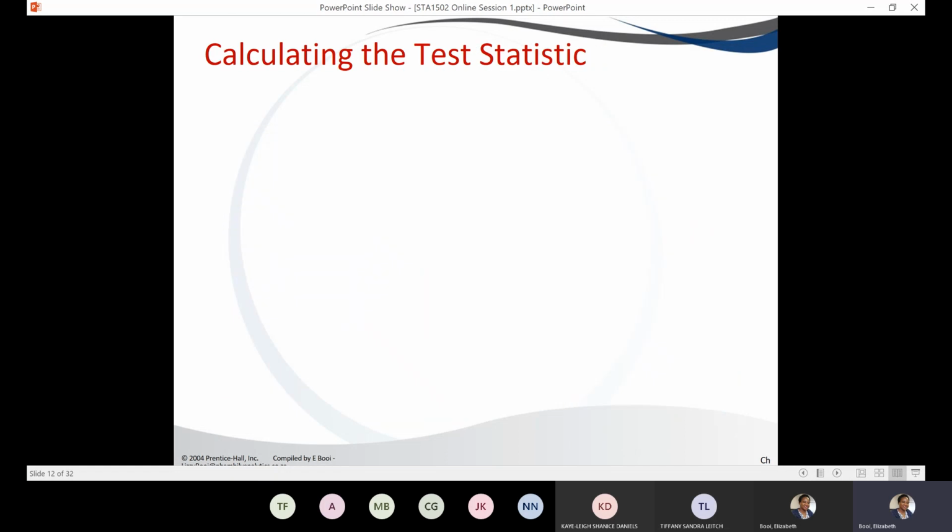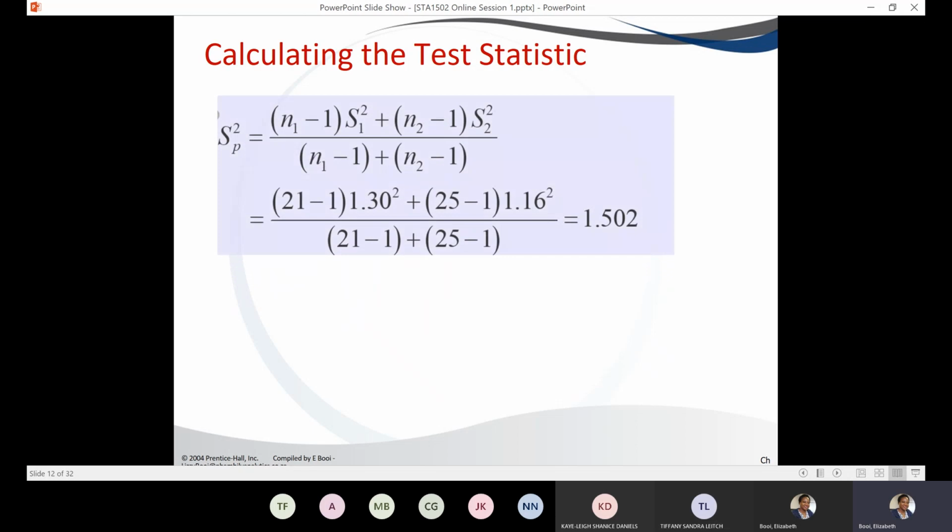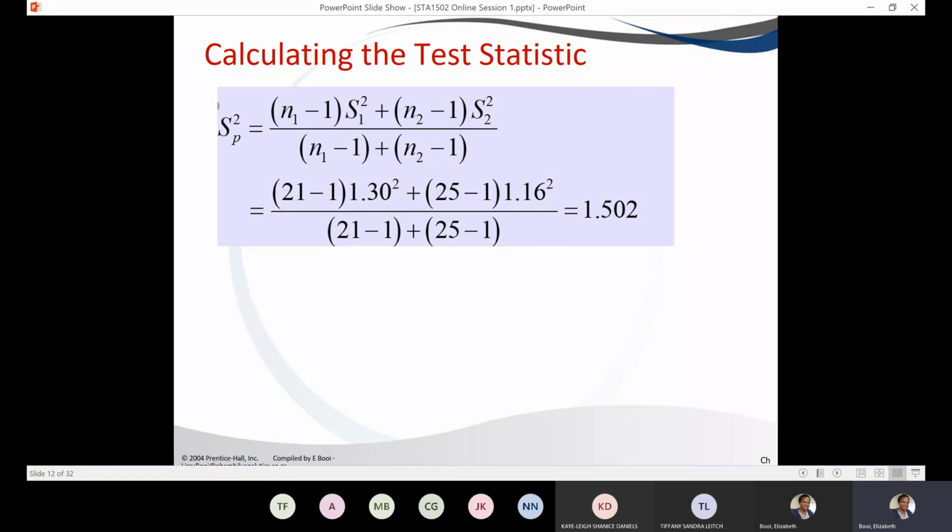So how do we then start? We can start by calculating the pooled variance. Actually, I am skipping all the steps. In the beginning, you will have to state the null hypothesis, because they said, is there a difference? So your hypothesis will state that the mean 1 minus mean 2 for the population is equal to 0.